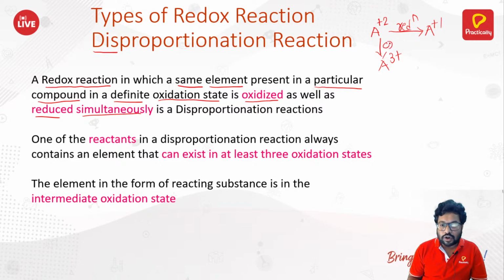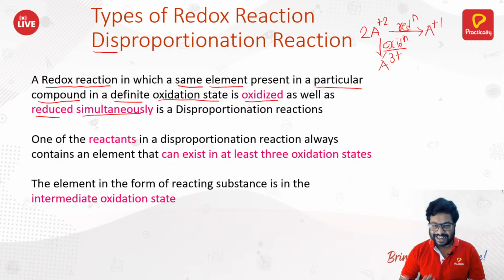On this side, it has got oxidized. So the same element has got oxidized as well as reduced. Now, obviously, for that you need to take 2 atoms of this. One atom of A2+ has gone to A+1. Another atom of A+2 has gone to A3+. So whenever this kind of reaction happens with a given element, it is called a disproportionation reaction.